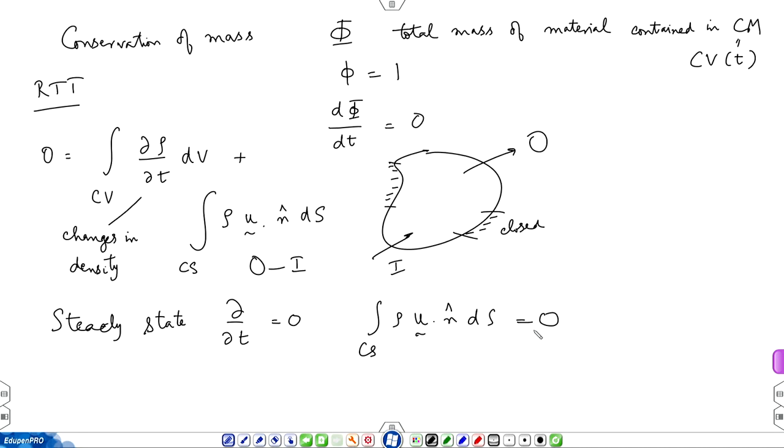approximation. One other important special case is an incompressible medium. What can you say about an incompressible medium? It tells you that rho is constant.